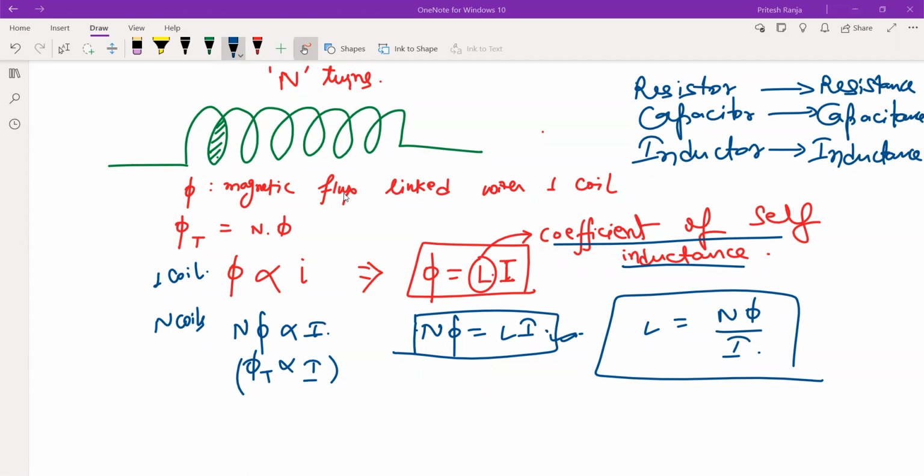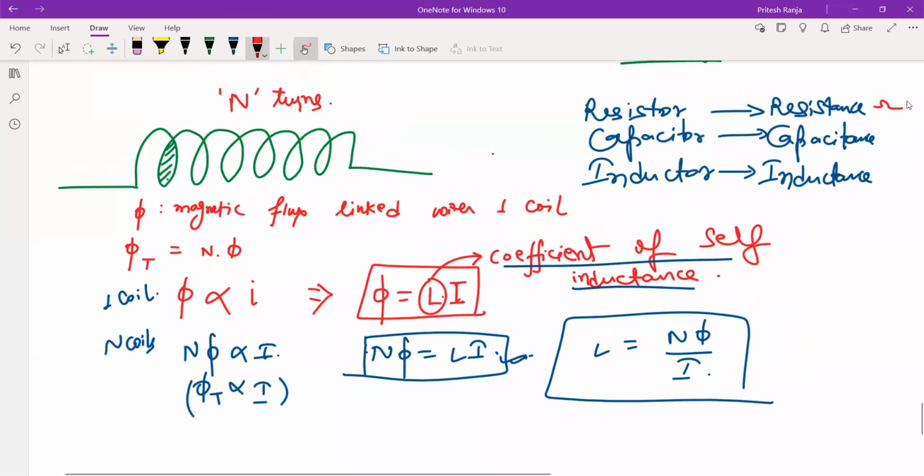What is capacitance? The property to store charge. So similarly, what will be inductance? Inductance will be the property to generate a self EMF. Property to generate EMF, that will be inductance. So here we had the SI unit of resistance as ohm, for capacitance as farad, and for inductance we will have the SI unit as Henry, denoted by H.